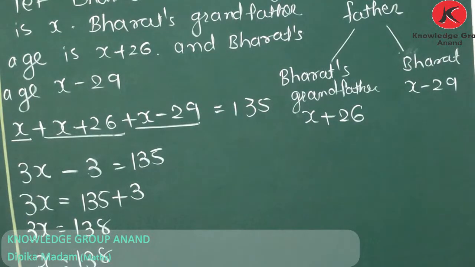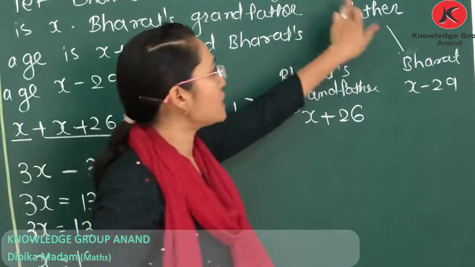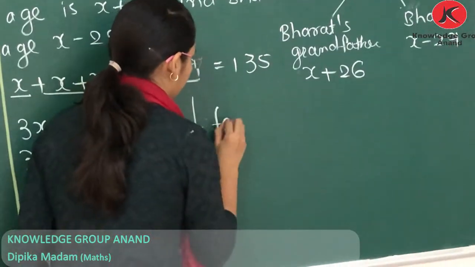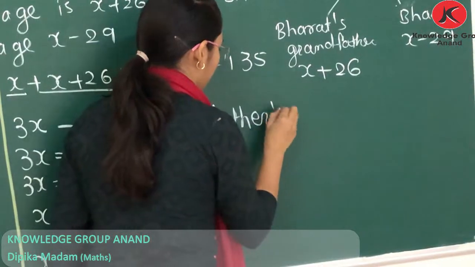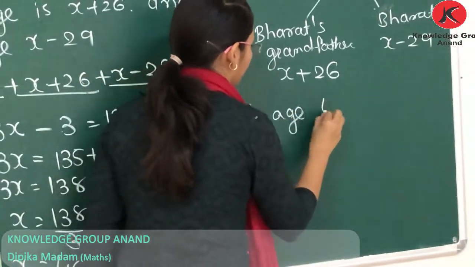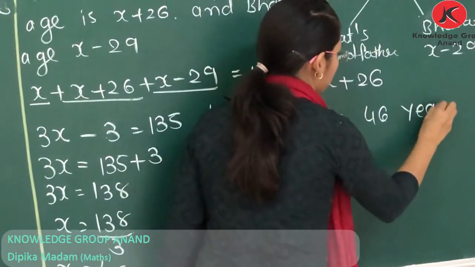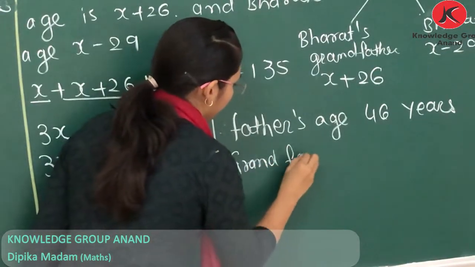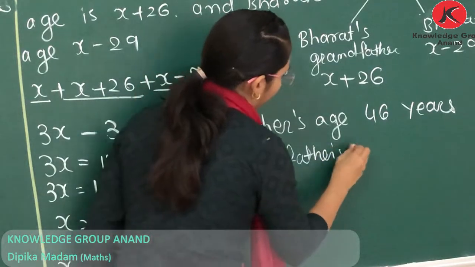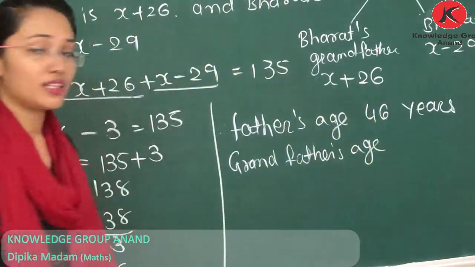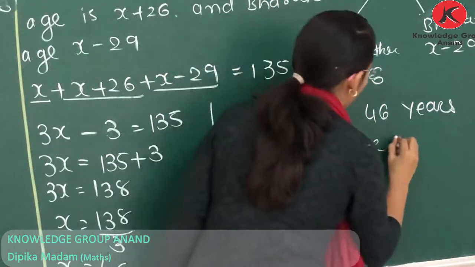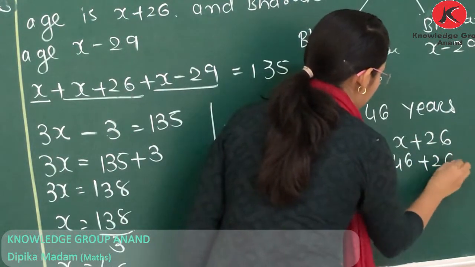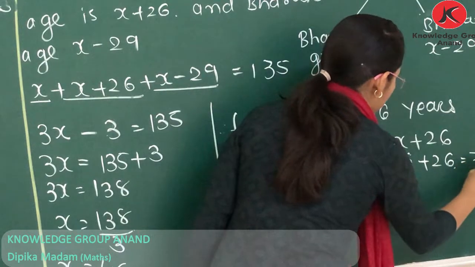What is x? 46 years means Bharat's father's age will be 46 years. 46 years. Grandfather's age, that is 26 years more, means x plus 26, 46 plus 26, 72 years.